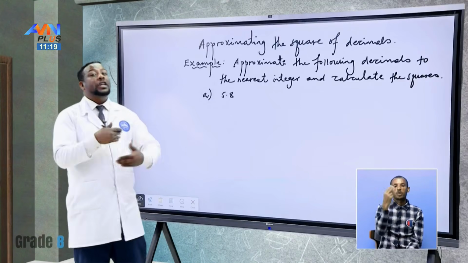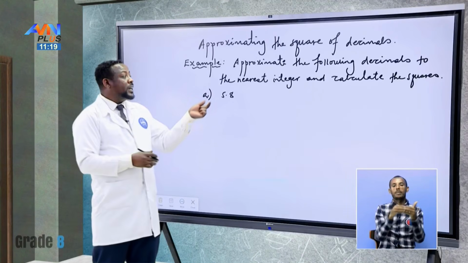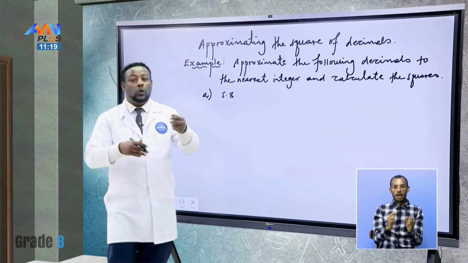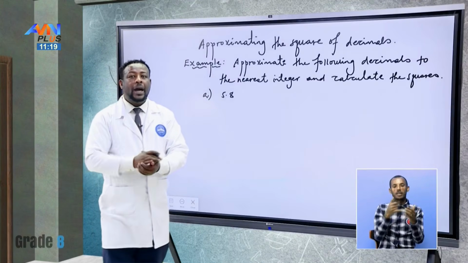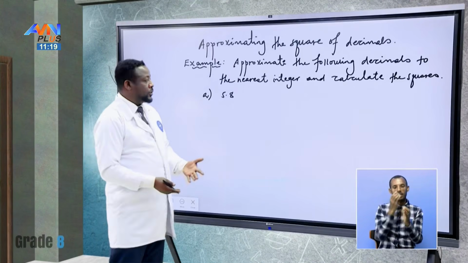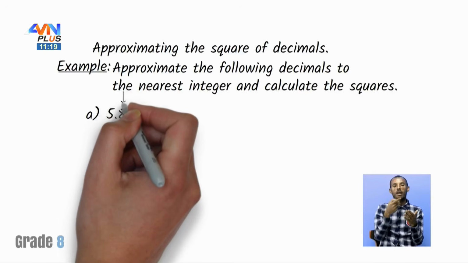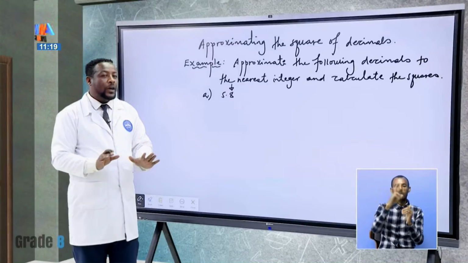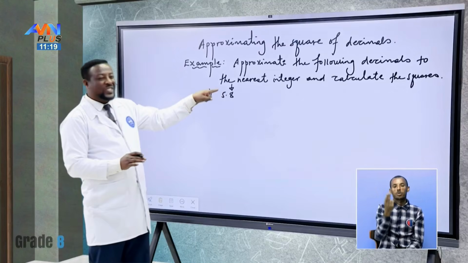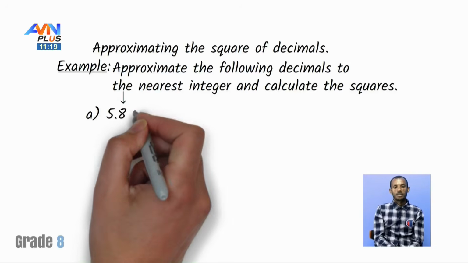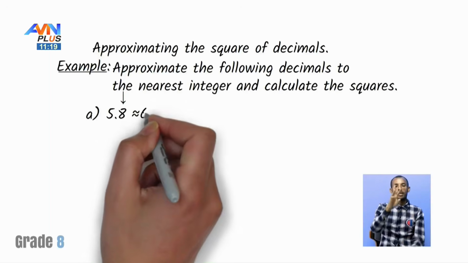Using the rounding principle, we can round this number to its nearest integer and calculate the squared value. As you can see here, 8 is greater than or equal to 5, so you can round it to 6. So this is approximately 6.